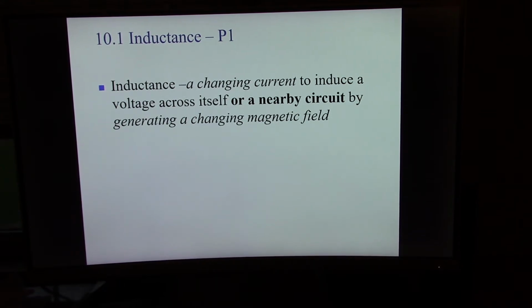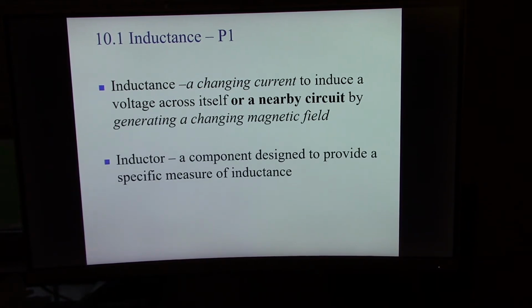So we talked about magnetic fields, now we are talking about changing the magnetic fields, or what happens when you have a current that changes, that it will produce a magnetic field. So an inductor is a particular device that has a specific measurement of inductance.